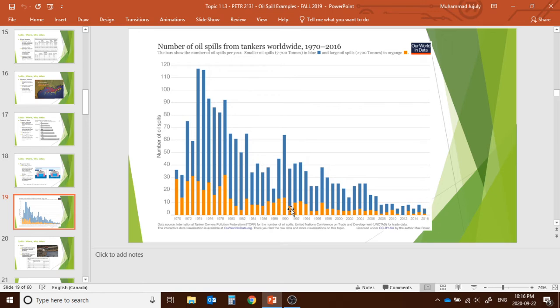Most of the examples people give are from the 1970s to 1990s, a time frame when we had lots of incidents. I will go through some of these incidents in this lecture. You'll find there are many, and these bars are pretty high. But now we take more safety measures, and that's exactly why very few oil spills happen.